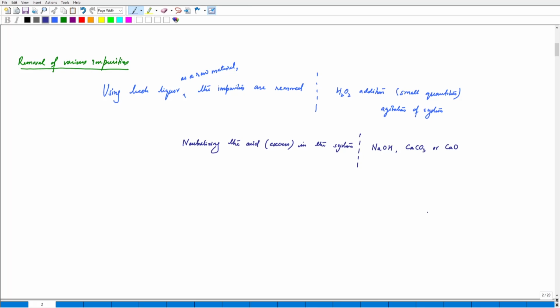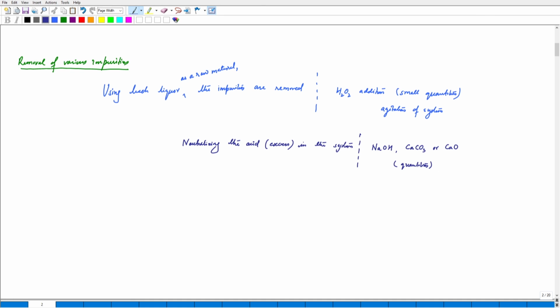Of course, one has to think of the quantities. This is essentially wanting to balance the excess acid. It has nothing to do with disturbing the whole chemistry of the system. So we are not supposed to add excess of NaOH or CaCO3 or CaO.